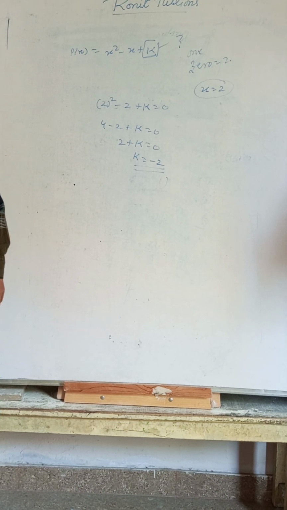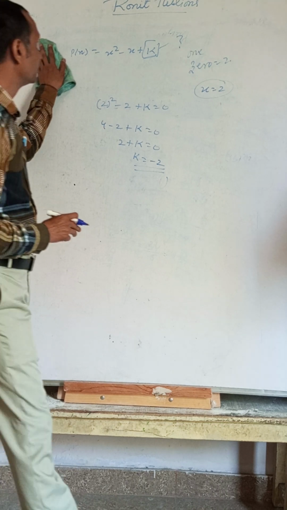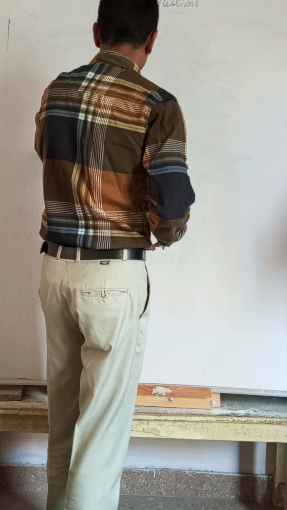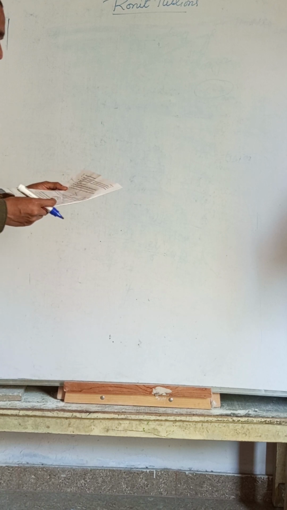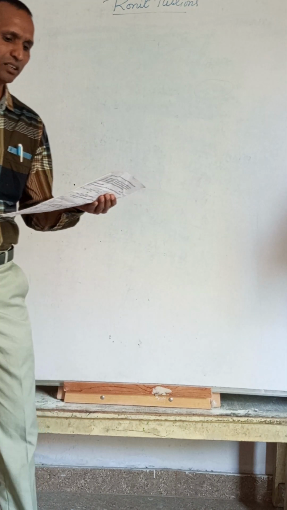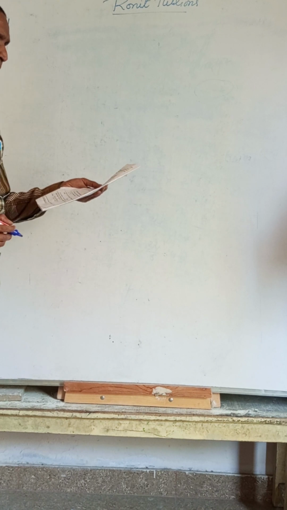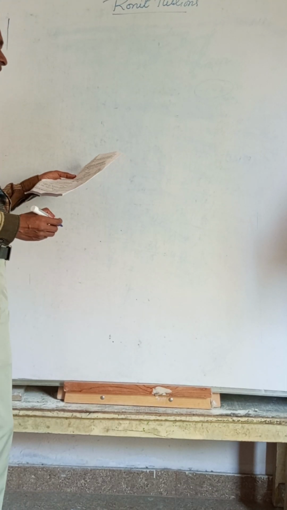Next question. If PA and PB are the two tangents to a circle with center O, and angle APB is 46 degrees, find the angle AOP.